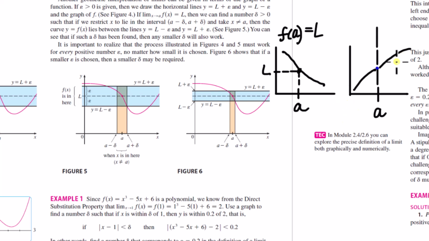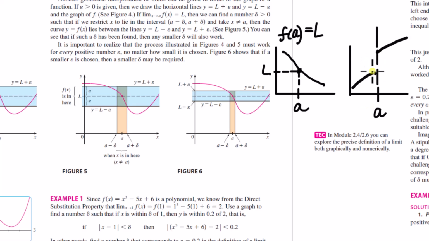So this doesn't have to be the case. You could have unbroken curves coming from either side of a, and you get something like this. In this case, you can't complete the curve with a single dot.